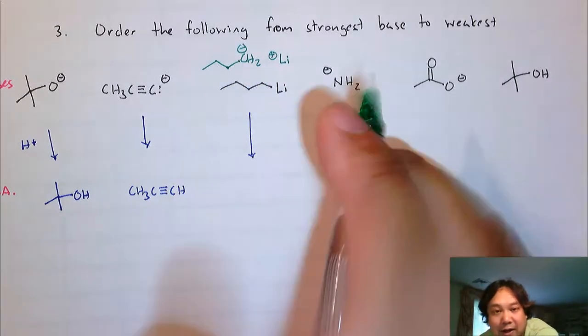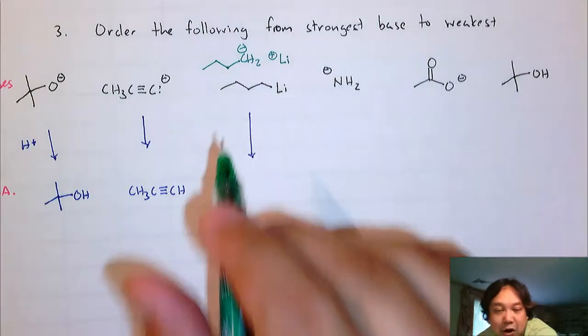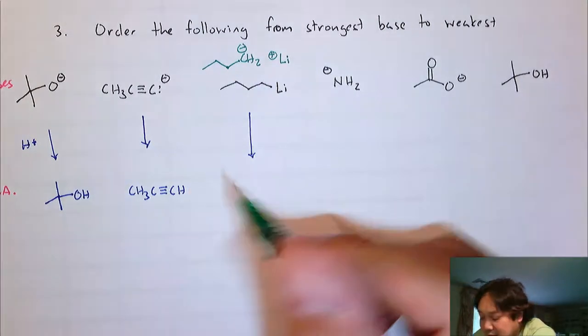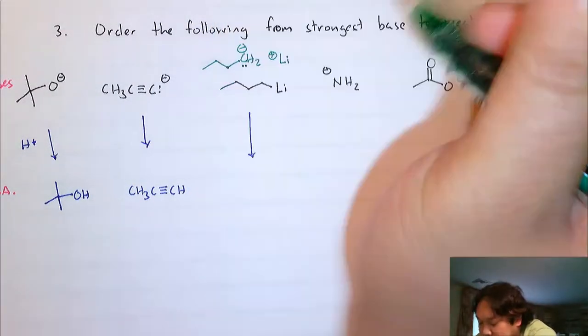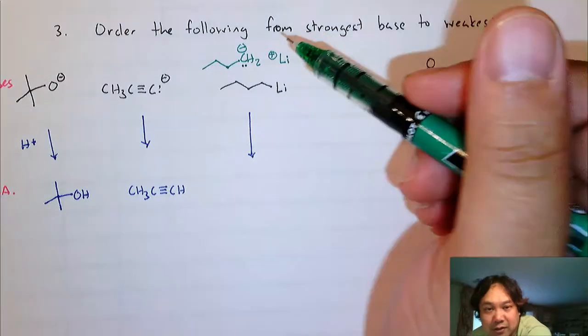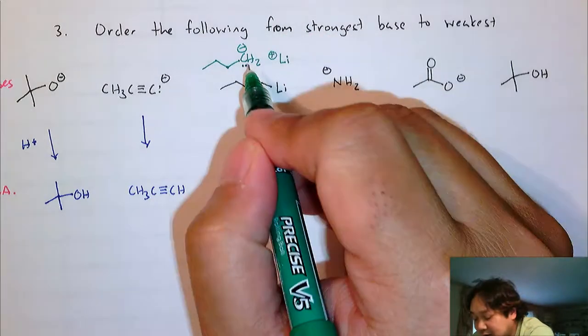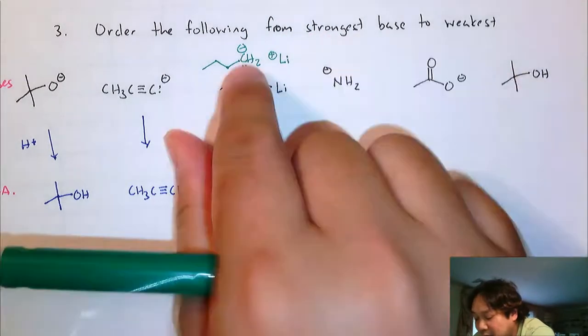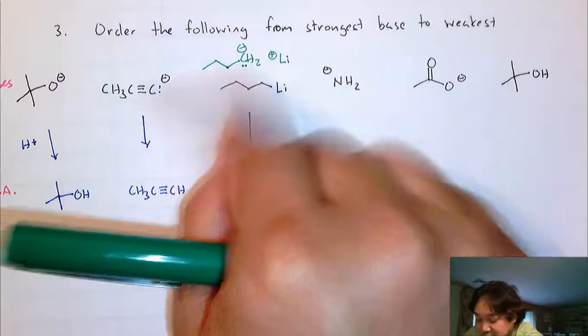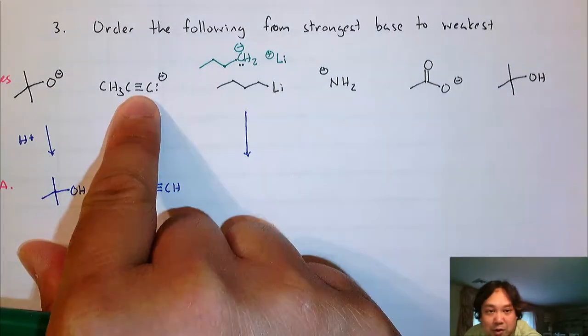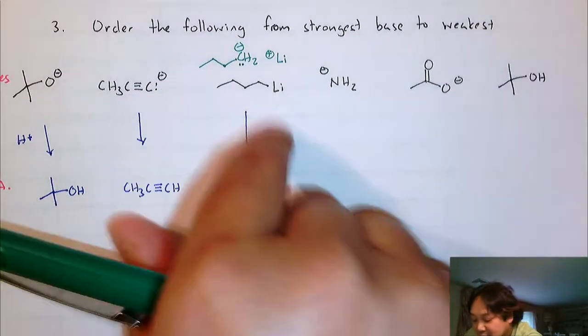How do we draw a negative carbon? It's a carbon with 3 bonds and 1 lone pair. If you do the formal charge equation, you'll realize that this is negative when you have this lone pair here. Just like here. See, 3 bonds, 1 lone pair, negative.